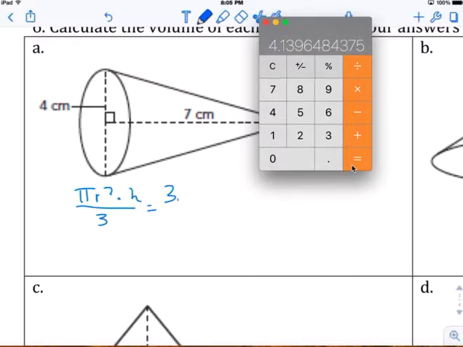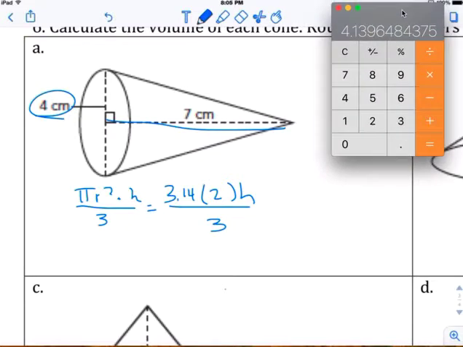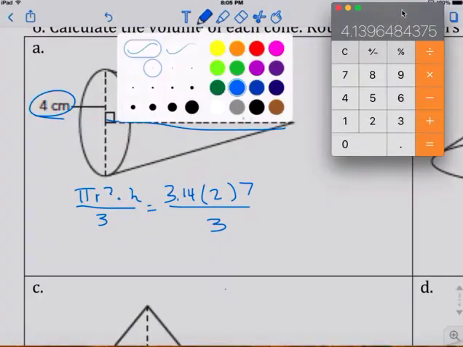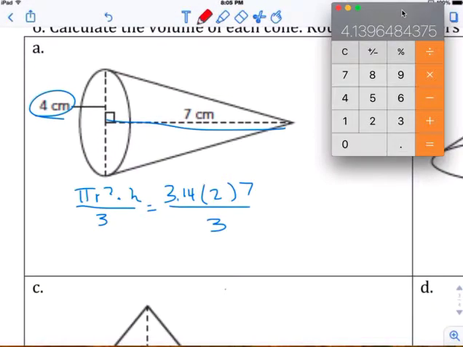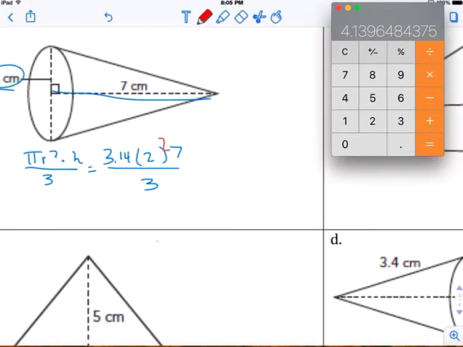So 3.14 times radius, half of 4 is 2, times the height, which is 7, divided by 3. Make sure you don't forget the squared. A lot of students forget this squared there.